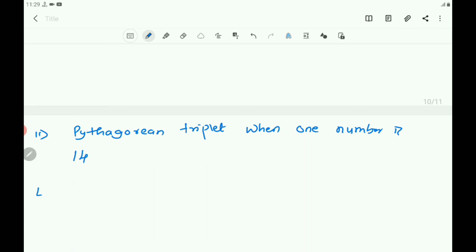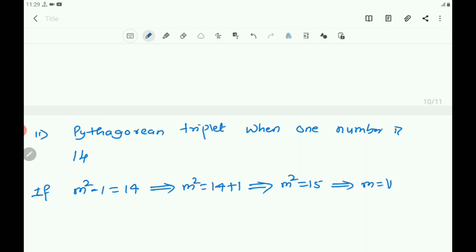If m square minus 1 equals 14, that implies m square equals, you transfer that minus 1 to the RHS, 14 plus 1, m square equals 15, m equals root 15, which is not an integer.